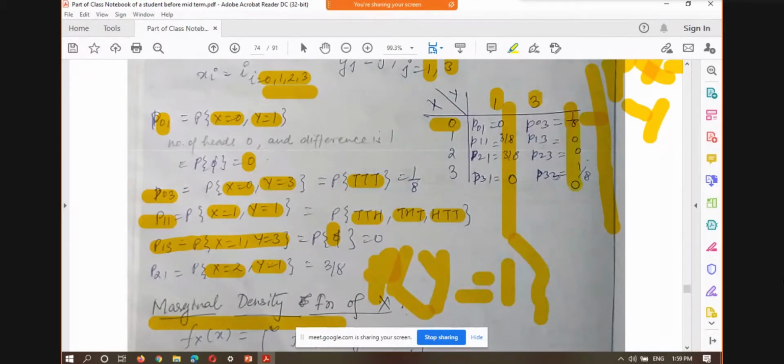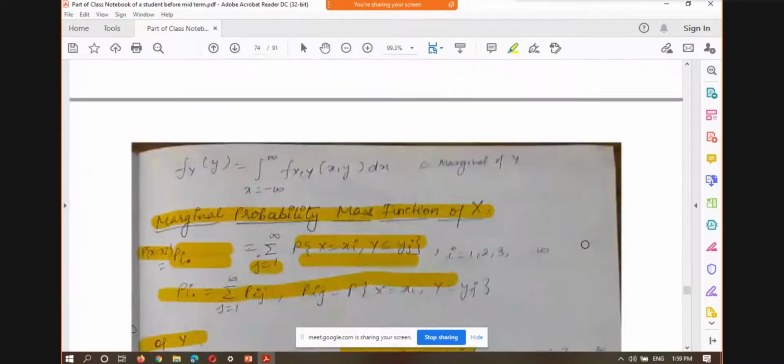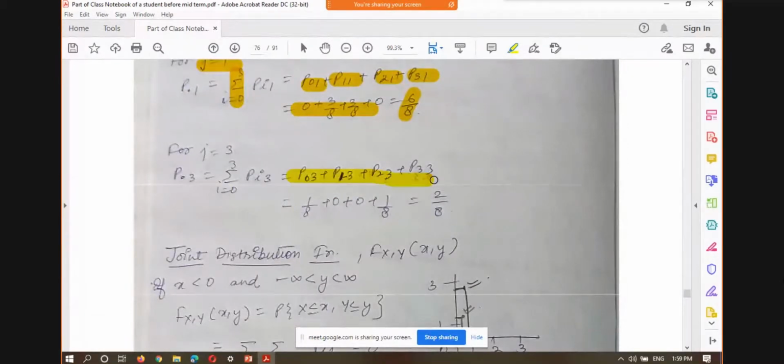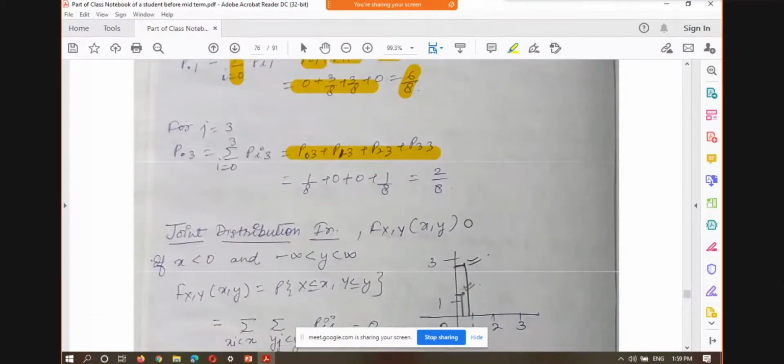Similarly, if I add this, I will get the probability at y equal to 3, and that is 2 by 8. So this is the marginal probability mass function we have calculated for y from this joint probability mass function.